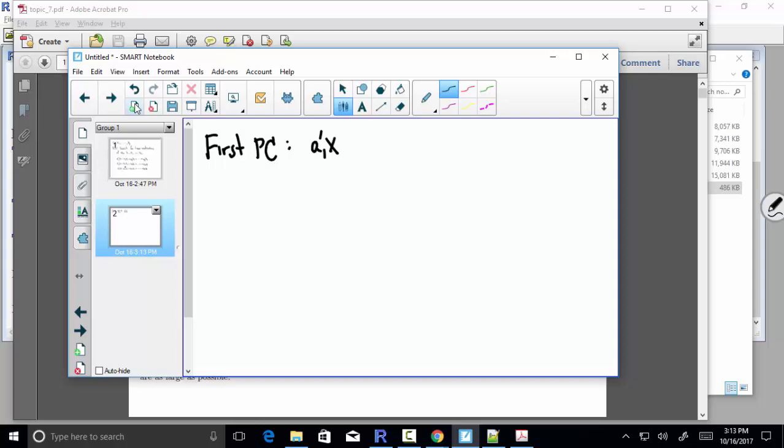Out of all linear combinations of the p variables, which one is best at preserving the total information content? So the task of Principal Components is to find A1 such that the variance of A1 transpose X is maximized.